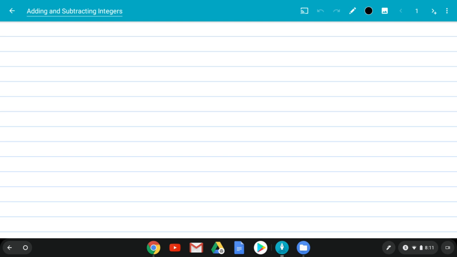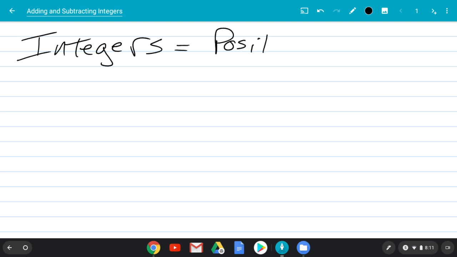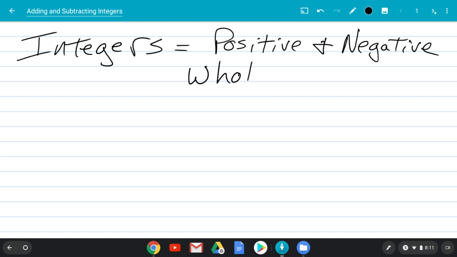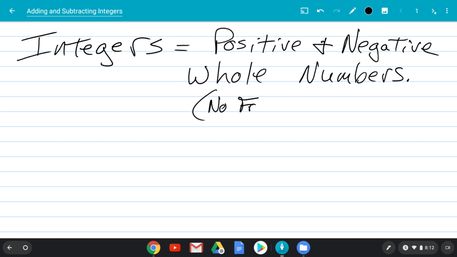If we're going to talk about adding and subtracting integers, we got to know what they are. Integers are positive and negative whole numbers. In other words, no fractions and no decimals.